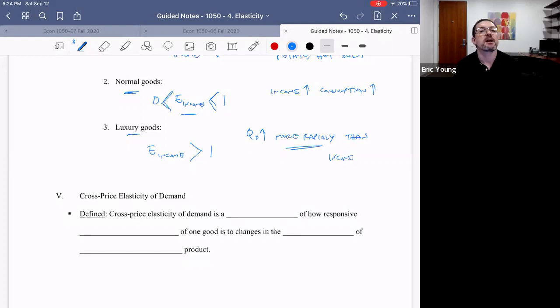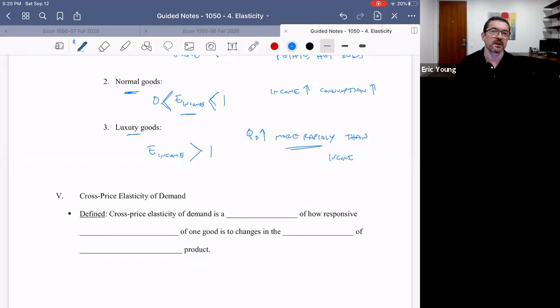It's not enough that as income goes up, people consume more. For a luxury good, you have to spend a bigger percentage of your income on the item as your income goes up. Another way to see it is that as income goes up, spending goes from essentially 0, if you have low income you're not buying luxury goods, to steadily larger percentages of your income. So again, it's a technical definition.